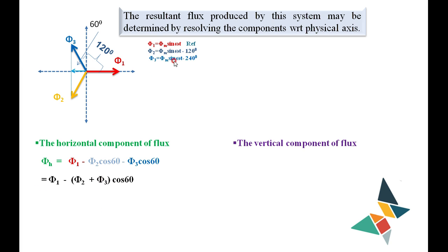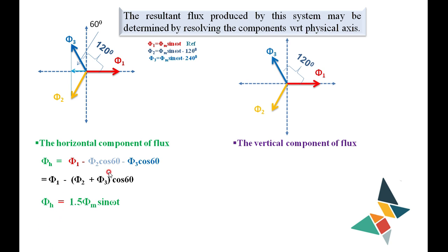The next step is to substitute the values of phi1, phi2, phi3 in this equation. After simplification, the horizontal component of the three vectors is 1.5 times phi m sin omega t.